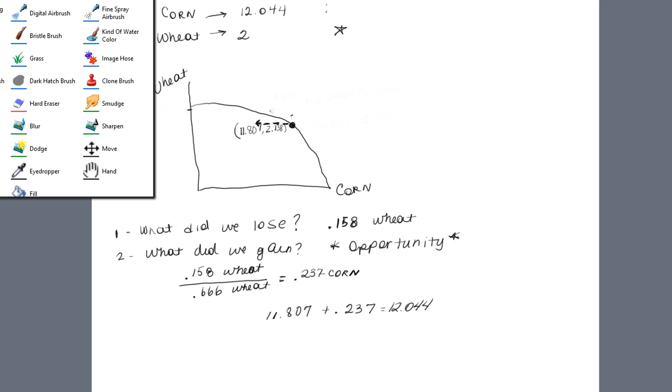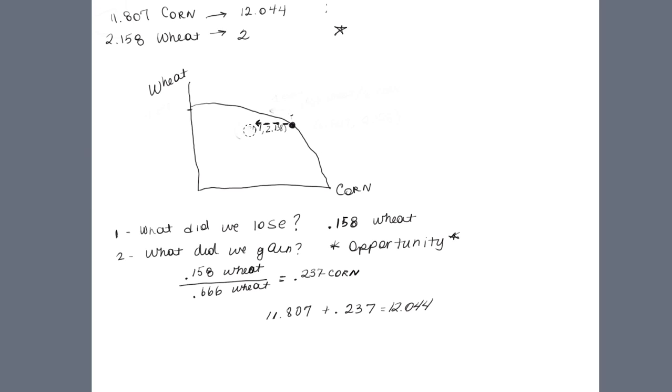That was the original first calculation we did in number 1 right here. And then we said, okay, well, given the opportunity cost that we were given, how much would we have had to have gained to stay on the production possibility frontier? And what we calculated in number 2 was 0.237. And then we said, okay, so what's this new production point?